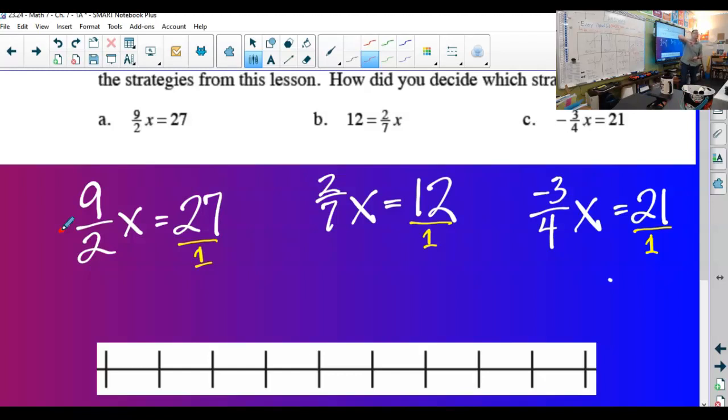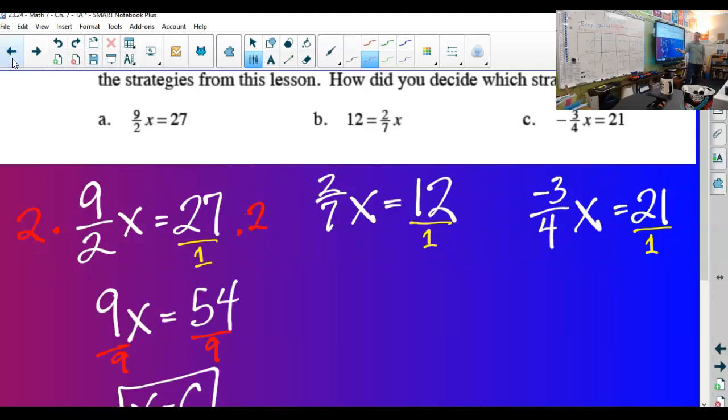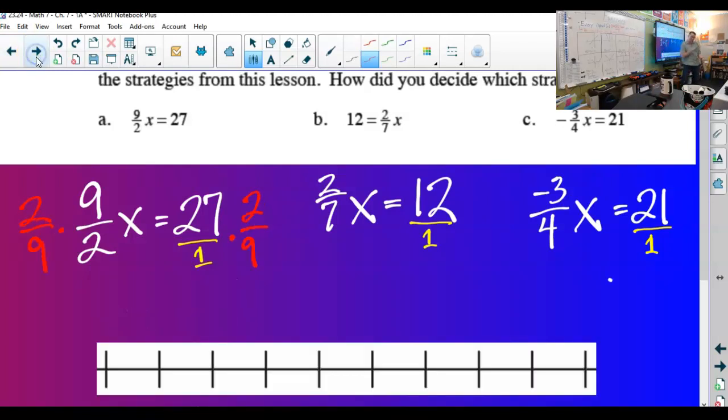It's weird to say 2 ninths, right? So 2 ninths. So we would multiply by 2 on top, over 9. So I would just do the multiplication. Wait a minute. What's 27 times 2? 54. Isn't this the same thing Jackson just had us do? It's the same. You took a different route, but you really are going to the same place.